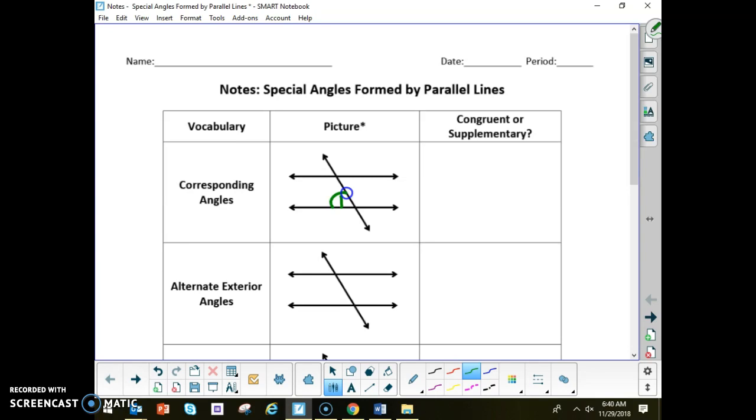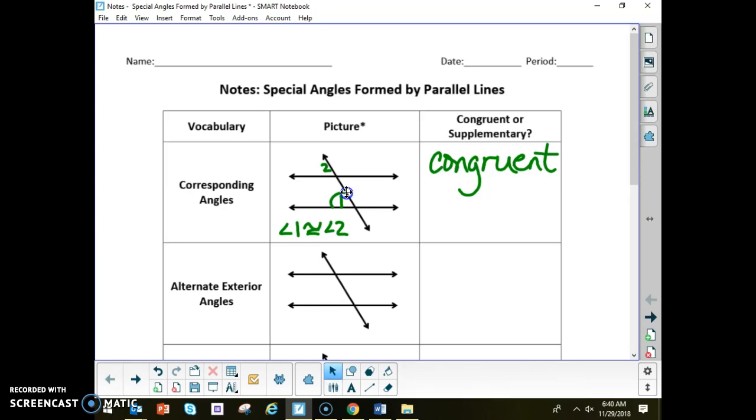It's above the parallel line and on the left side, which would be this angle, angle 2. So, angle 1 is congruent to angle 2. When I look at these, I can tell they are congruent.